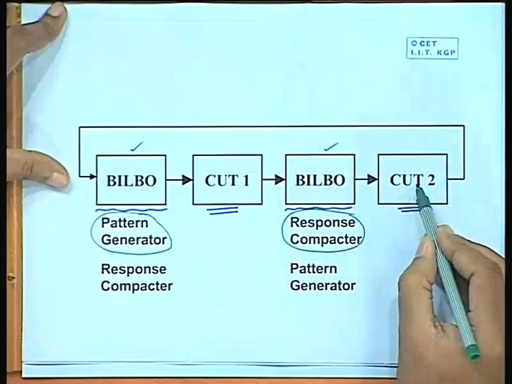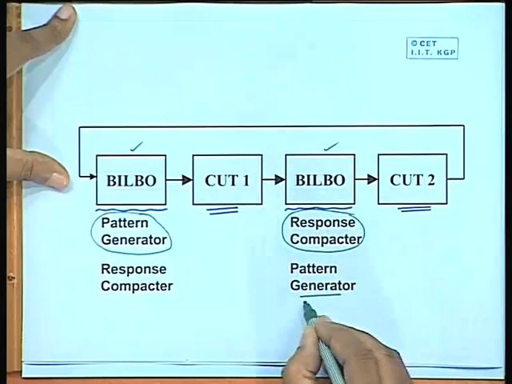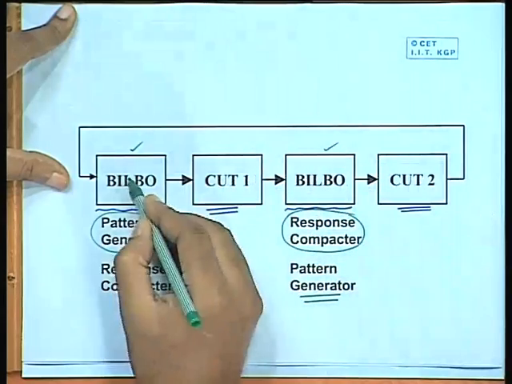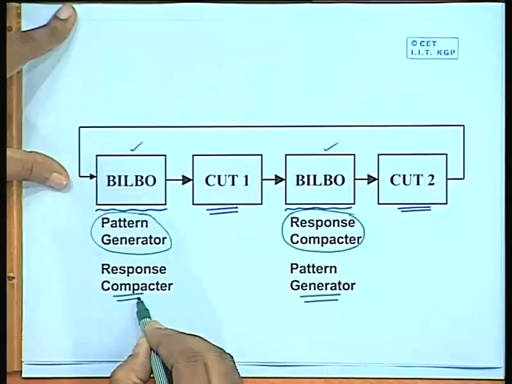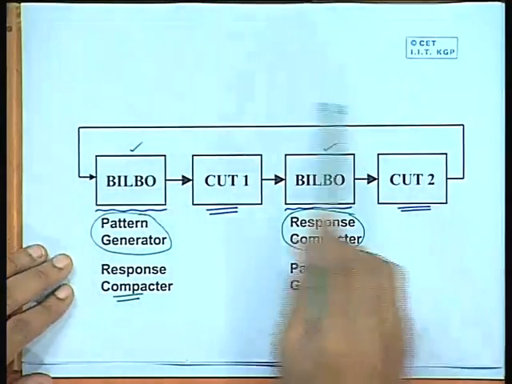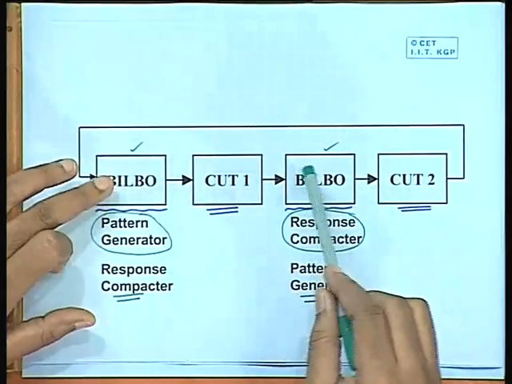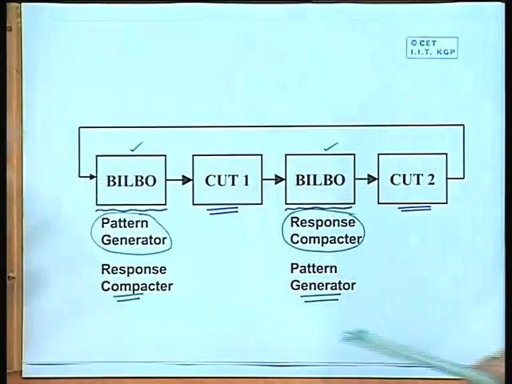Similarly, when you are trying to test circuit under test 2, then this BILBO will be generating the patterns and this one will be compressing. Okay. So, in this way, in a normal circuit, by configuring some of the registers as BILBO registers, we can make this self testing work.